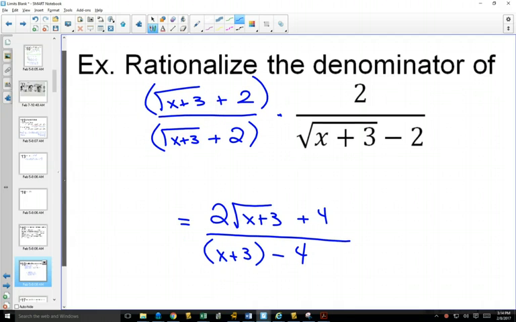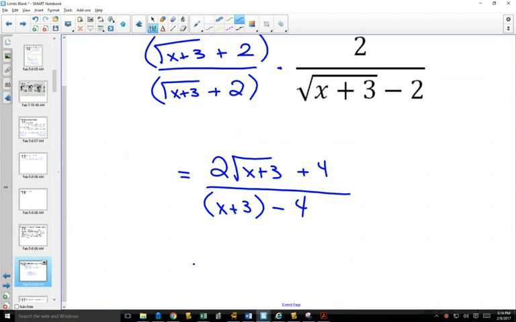And then we can simplify this and it just becomes x minus 1.